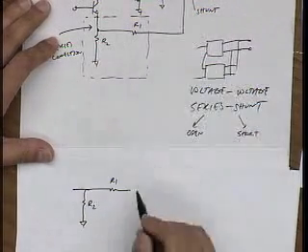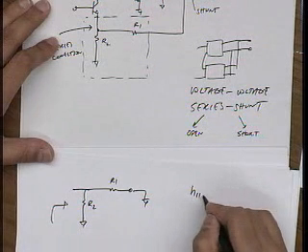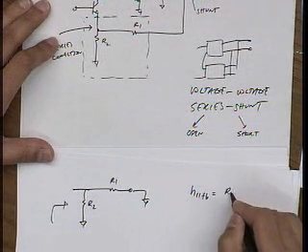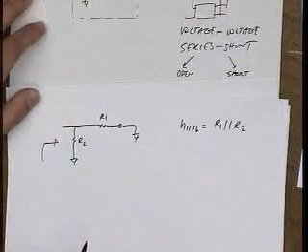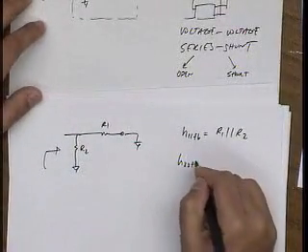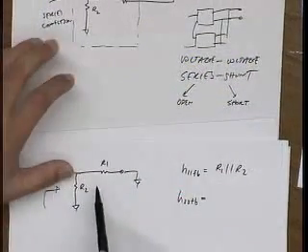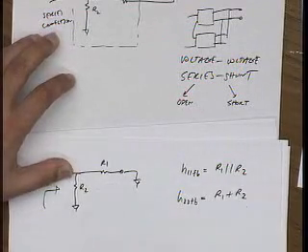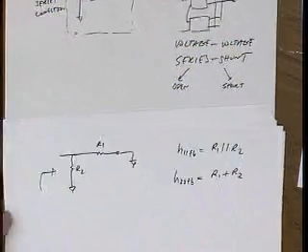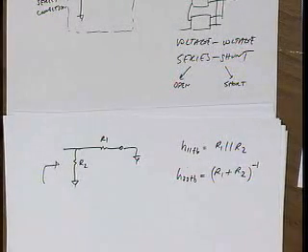So because I have a shunt at the output, I short it here and calculate H11. So H11 of the feedback network is R1 in parallel with R2. Okay? And then H22 of the feedback network, same trick. Series at the input means open, so looking back here, it's just R1 plus R2. Yeah, thank you.